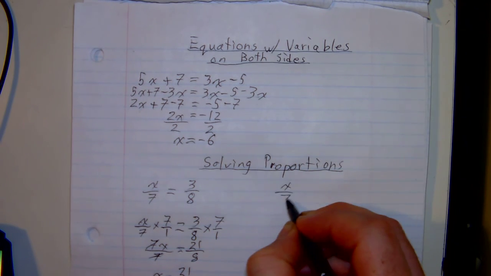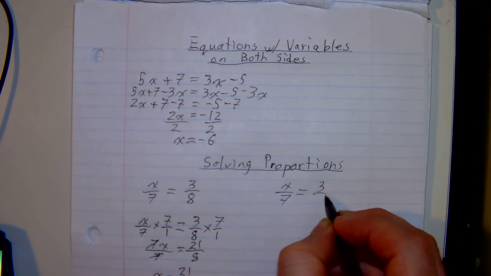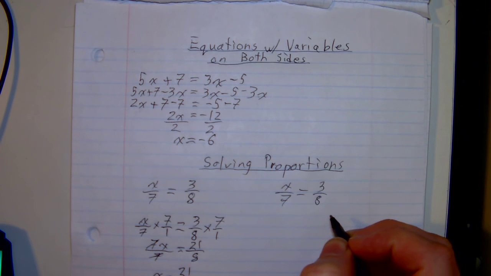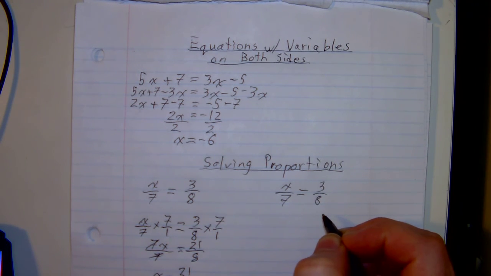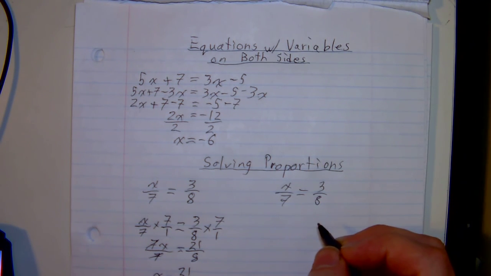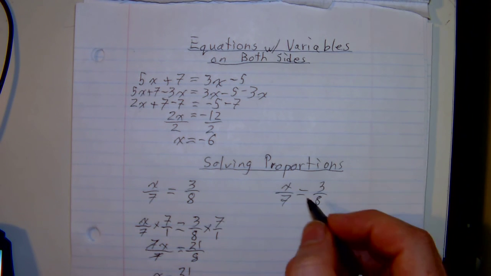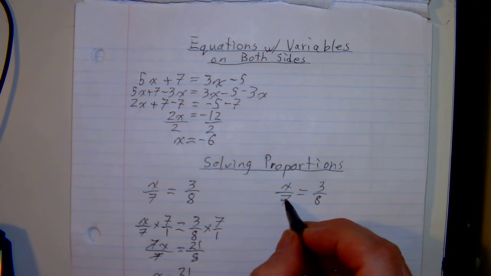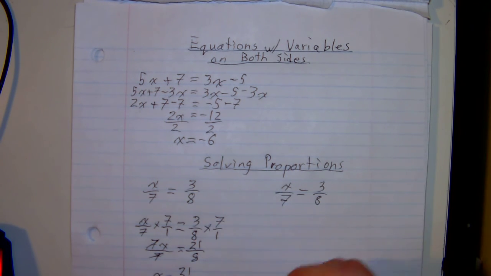Another way to solve it, x over 7 equals 3 over 8, is what's called cross-multiplying. Cross-multiplying can take a little bit longer, but it works really well in a variety of situations. So the idea of cross-multiplying is really doing the same thing as here, but to both sides.